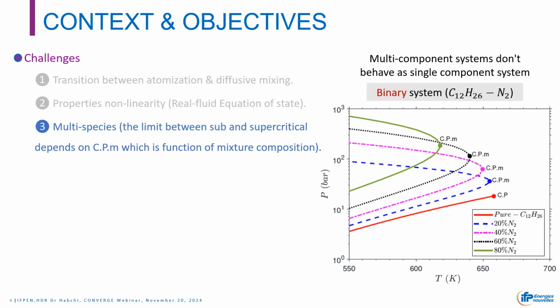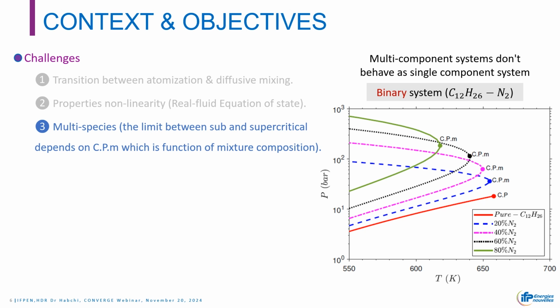In the case of a multi-species system, the condition becomes much harder, as the limit between sub- and supercritical depends on the critical point of the mixture, which is a function of the mixture composition.